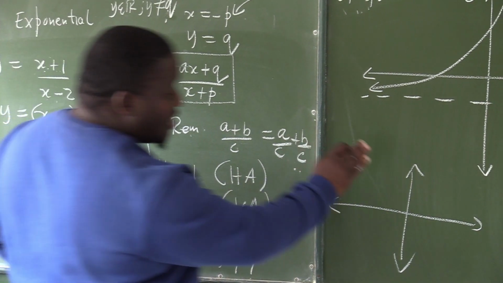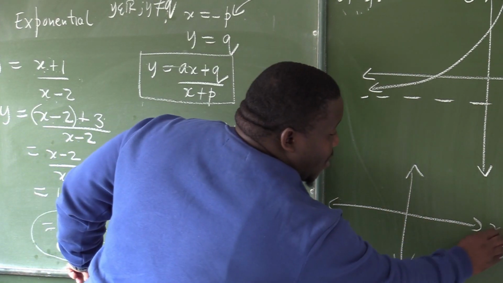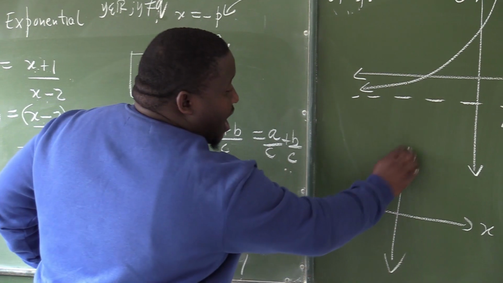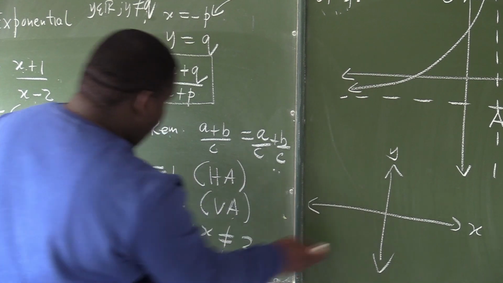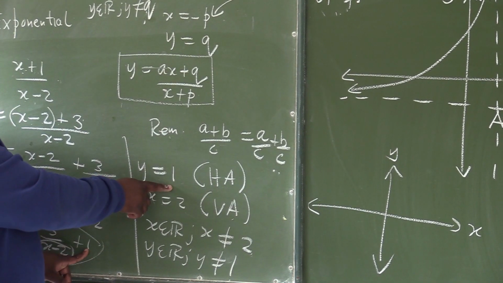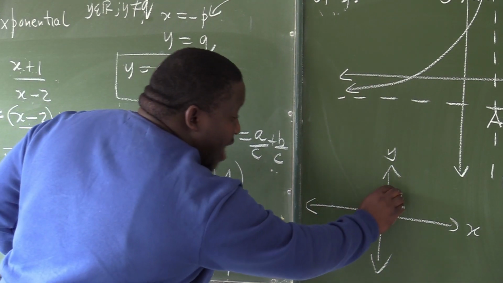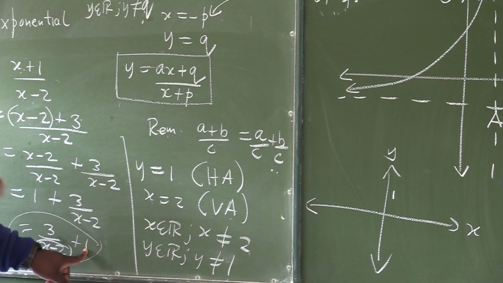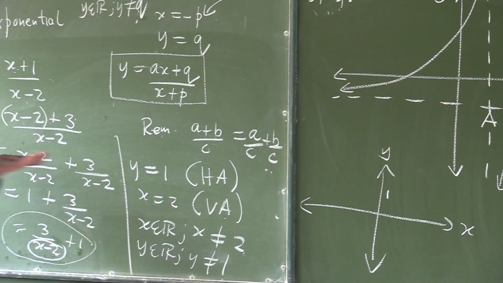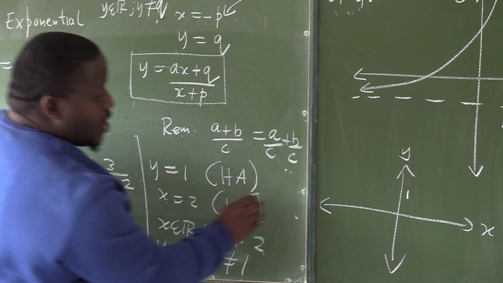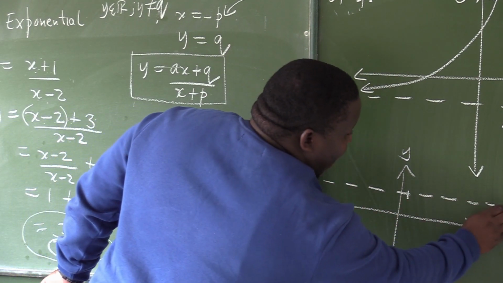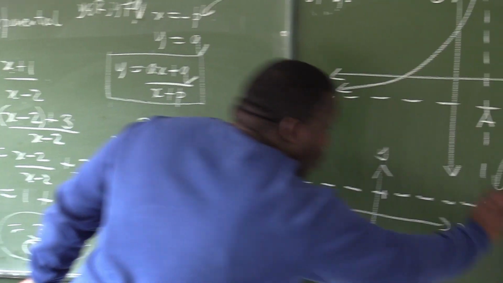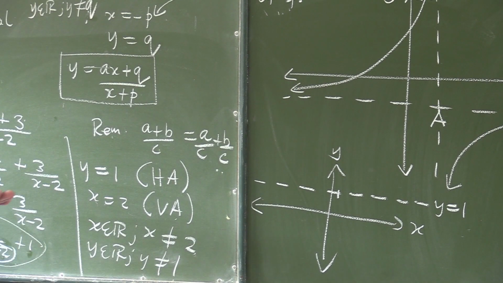You go to your Cartesian plane, we know which is our x-axis and which is our y-axis. So where on your Cartesian plane can you find y equals 1? Surely I can see that 1 can be there. But because this is an asymptote, you line out y equals 1. Now to draw an asymptote here, I will use broken lines. It must be a line which says y equals 1.